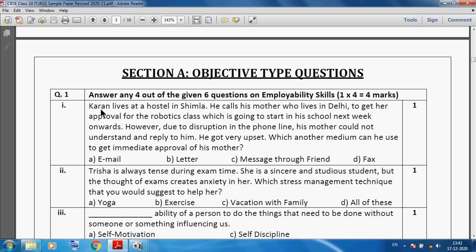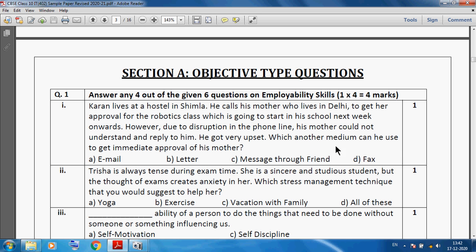So the first question is: Karan lives at a hostel in Shimla. He calls his mother, who lives in Delhi, to get her approval for the robotics class which is going to start in his school next week onwards. However, due to disruption in the phone lines, his mother could not understand and replied to him. He got very upset.